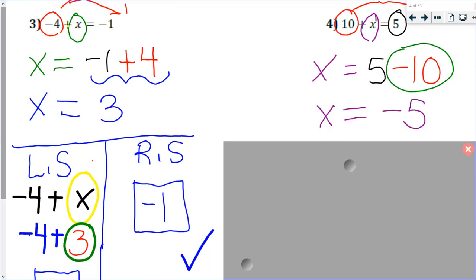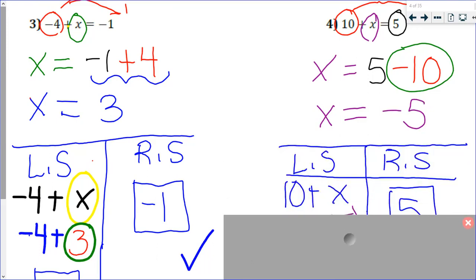Very, very important. So on the test, I would expect you to know positive 5, negative 10, different signs. So when we combine them, we subtract the numbers and keep the sign of the larger number. So that becomes -5. Pretty straightforward to check our answers.